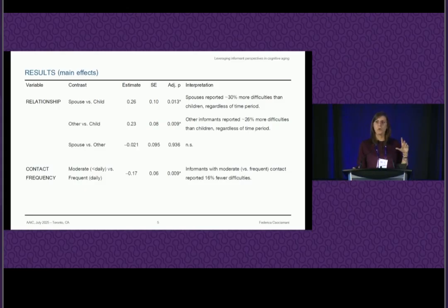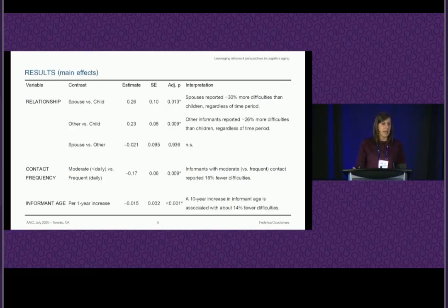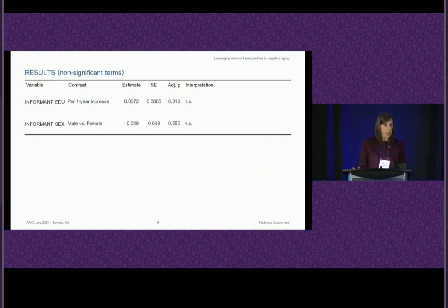So those who have daily contact reported more difficulties. And there was a small effect of age. A 10-year increase in informant age is associated with about 14% fewer difficulties, but this was small. And we didn't find a significant effect for education and sex.